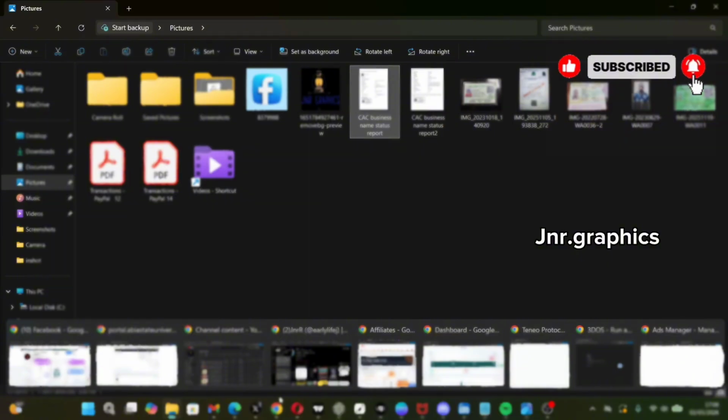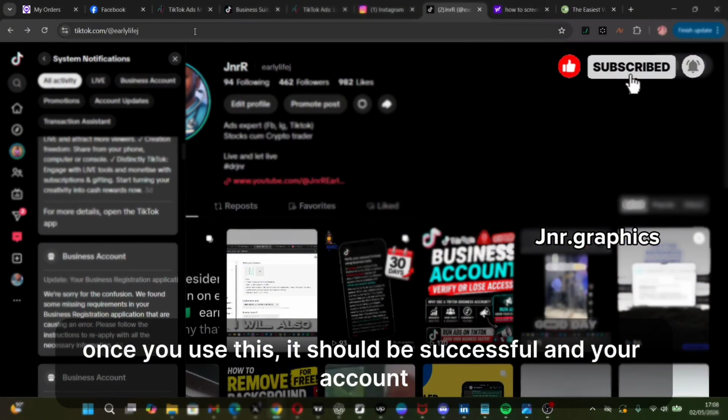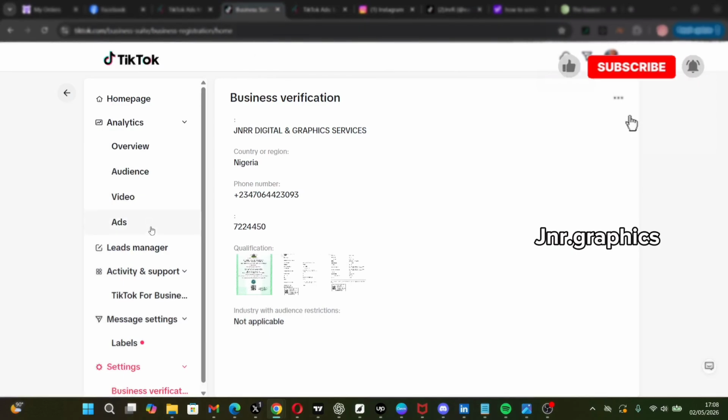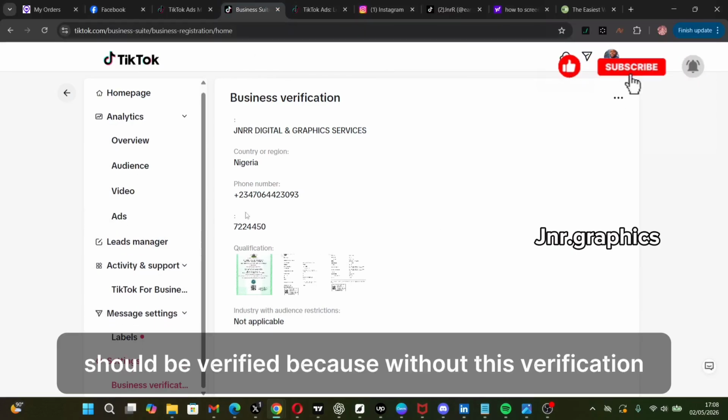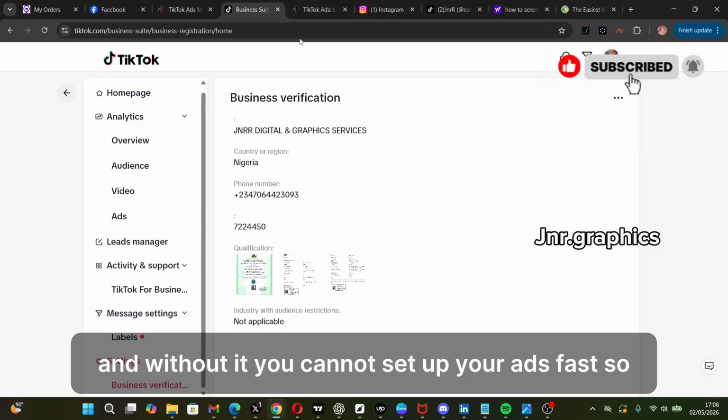Once you use the three, your account should be verified. Because without this verification, all accounts will be converted directly to personal accounts, and without it, you cannot set up your account.